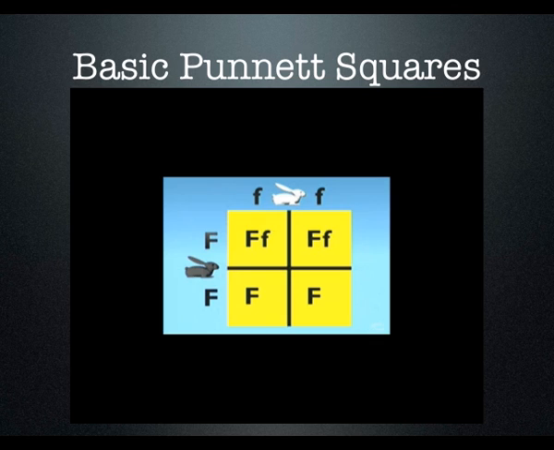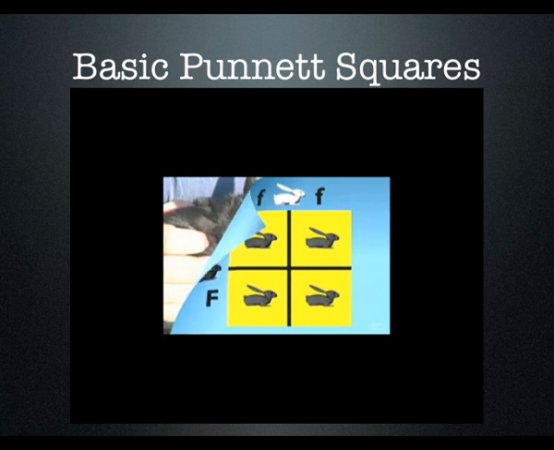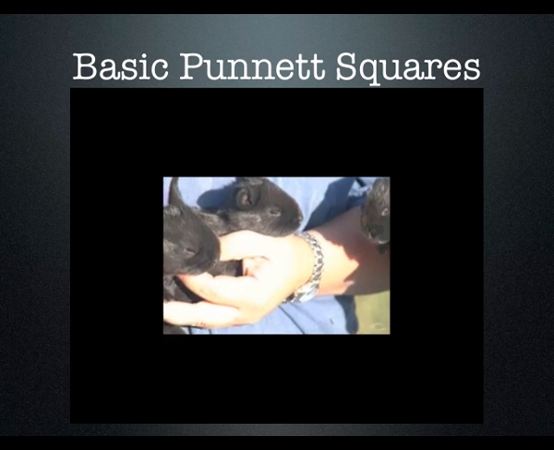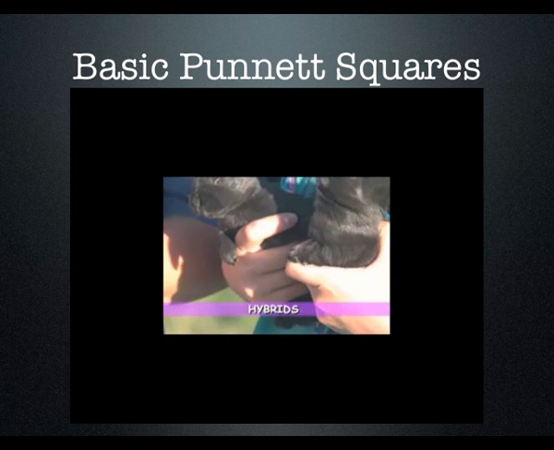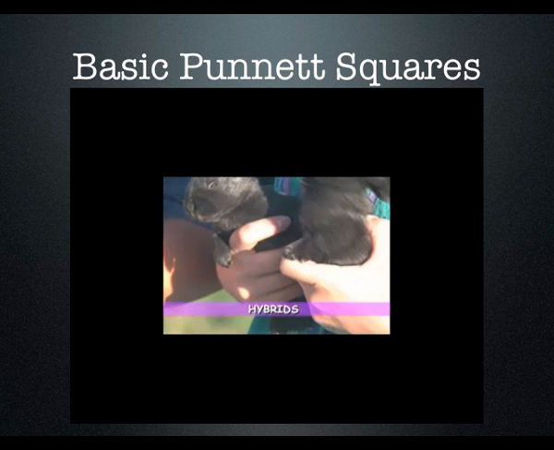And when we cross these 2 P generation bunnies, we end up with all heterozygous offspring in the F1 generation. And those would all be black because dominant is completely dominant over the recessive allele, and you end up with these cute little hybrids.